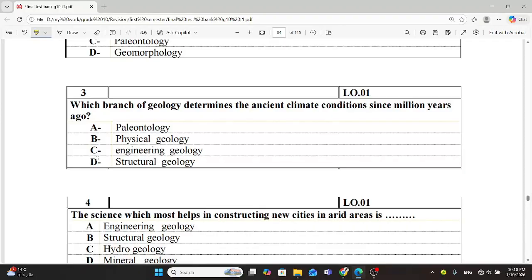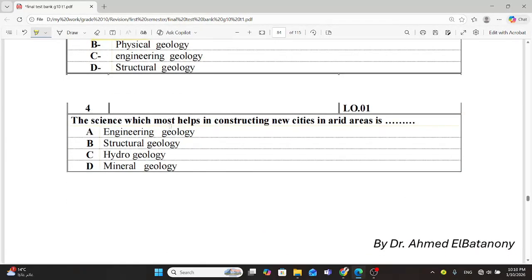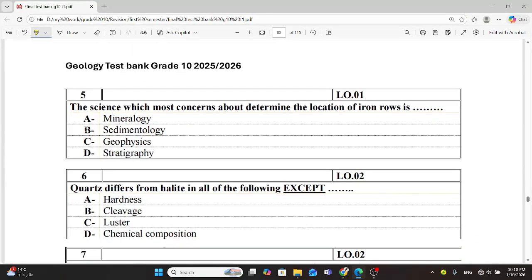Climate conditions, so it's climatology. The science which most helps in constructing new cities in arid areas is engineering geology. The science which is most concerned with determining the location of iron ore is mineralogy.